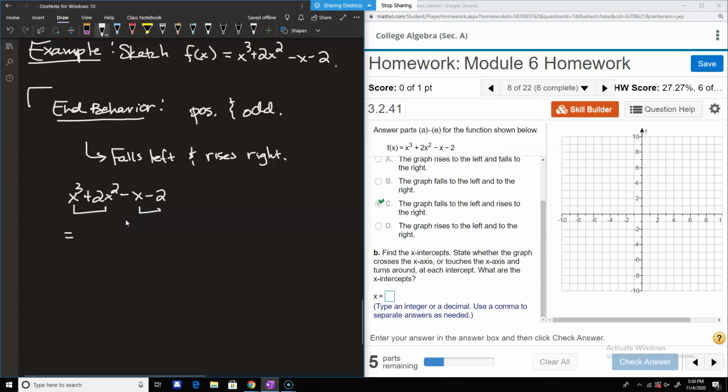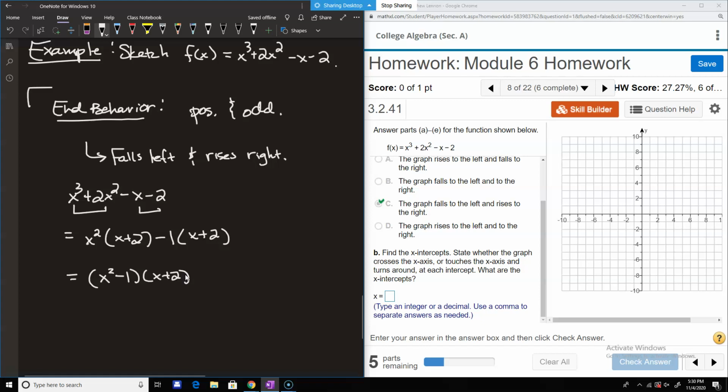So the first two factors have a common x squared that you can take out. So if we take out x squared, we're left with x plus 2. And then from the minus x minus 2, we can take out a minus 1. And then we get x plus 2. So this factors into the x squared minus 1 times the x plus 2.